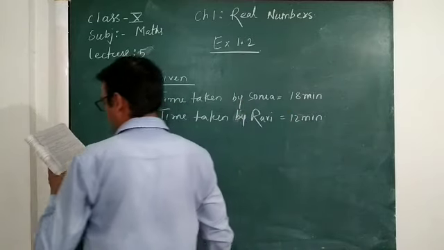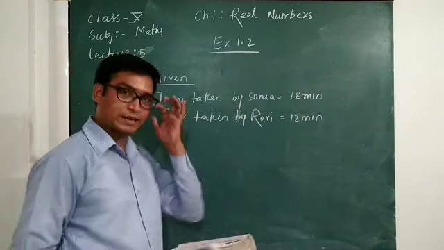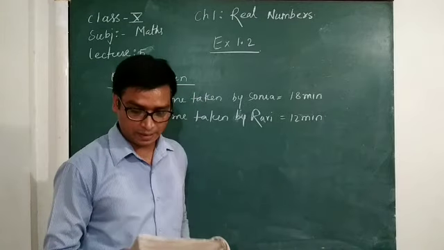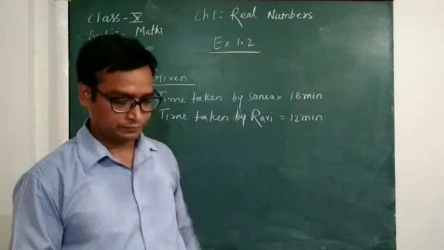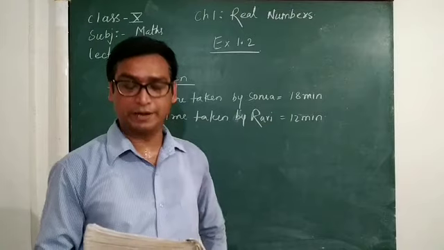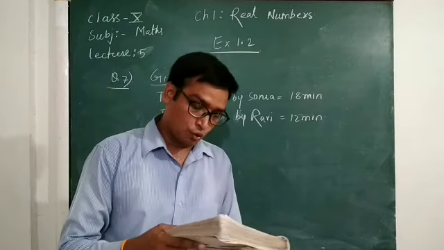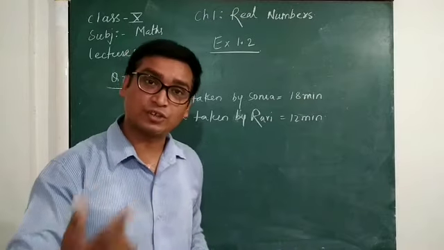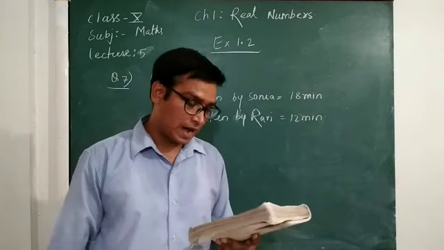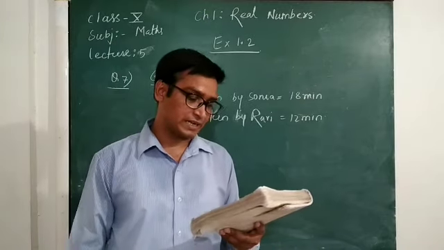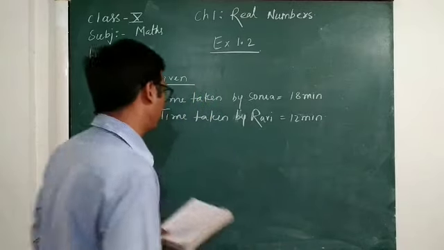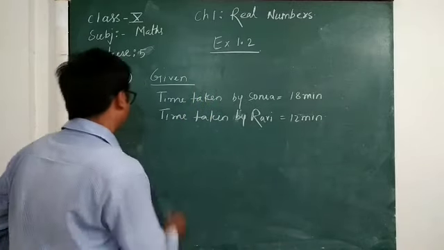Okay. Now in this it is written, suppose they both start at the same point and at the same time, and they go in the same direction also. So after how much time will they meet again at the starting point?